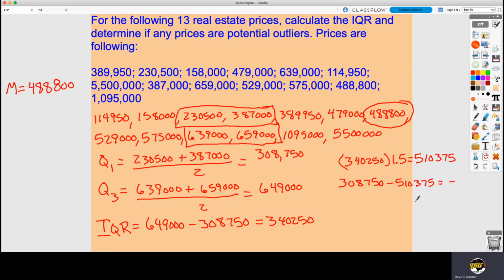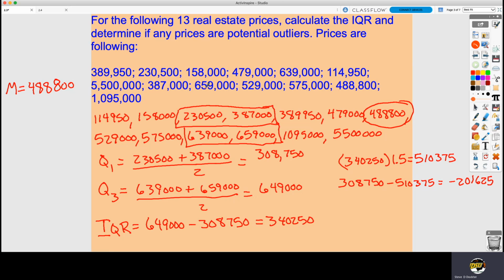If we have an answer that is less than that number, it's going to be a negative 201,625. Do we have a number in our list that's less than negative 201,625? No. Okay, so we don't have an outlier on the bottom part, but we could have an outlier on the top part.